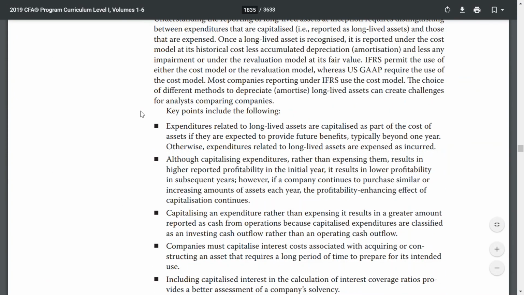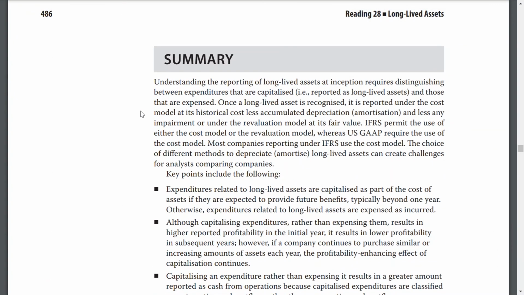Summary: understanding the reporting of long-lived assets at inception requires distinguishing between expenditures that are capitalized and those that are expensed. Once a long-lived asset is recognized, it is reported under the cost model at its historical cost less accumulated depreciation and less any impairment, or under the revaluation model at its fair value.